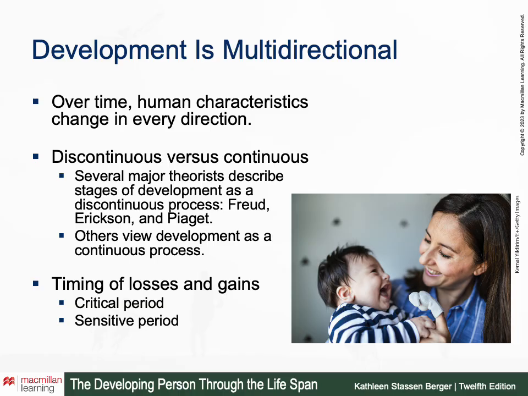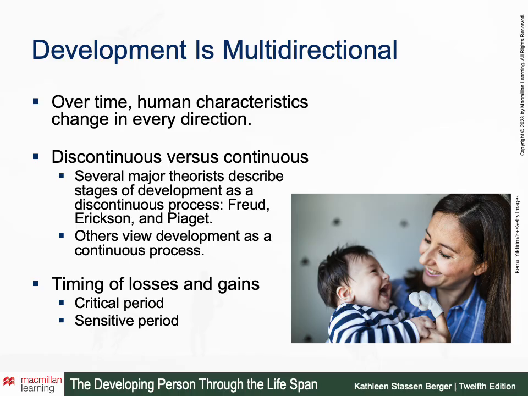So a couple of different ways that things change: discontinuous versus continuous. Several major theorists describe stages of development as a discontinuous process, such as Freud, Erikson, and Piaget. Others view development as a continuous process.